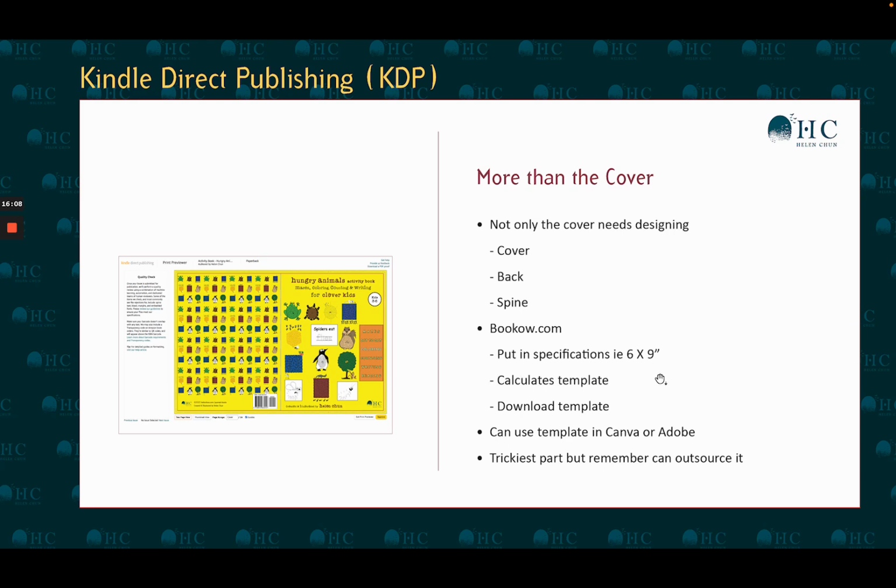All you do is specify the size of the book you want. It calculates the template, and all you do is download it, and you can use this template in Canva or Adobe. This is the trickiest part in terms of the templates, but remember, you can outsource it, and there's plenty of support out there.